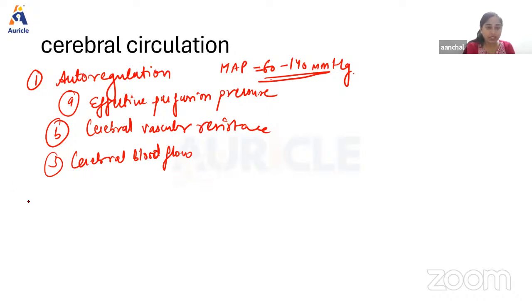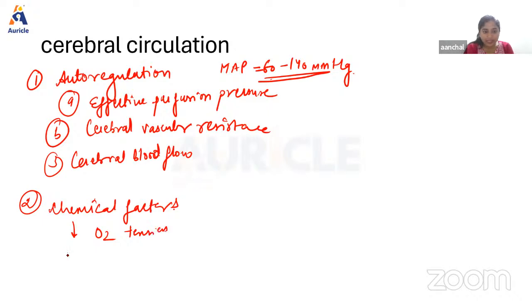Now next we have another factor, that is chemical factors. Okay, so the chemical factors which increase the cerebral blood flow are decrease in oxygen tension, increase in CO2 tension, and increase in hydrogen ion concentration.